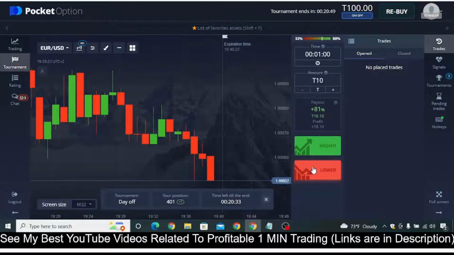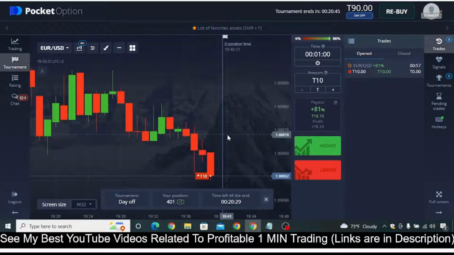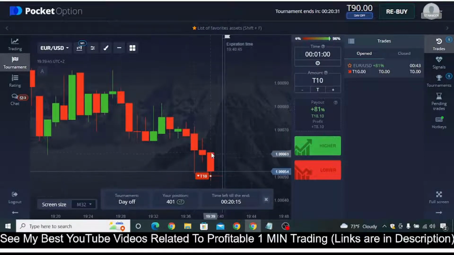It is too low, but I will still click on lower and let's wait and see the result. I could have taken this trade here and it could have easily gone right, but still let's see what happens in this trade.